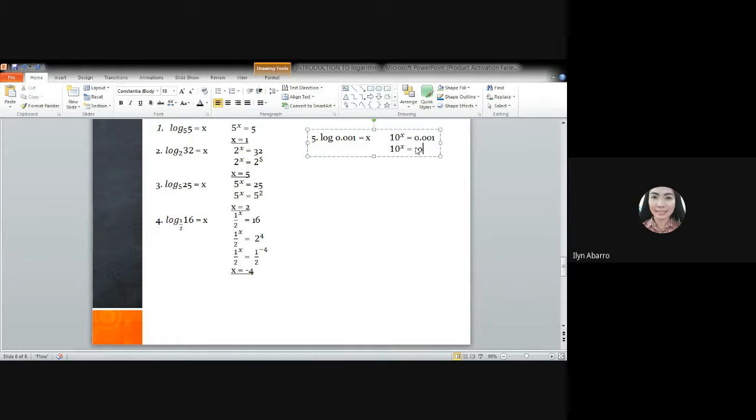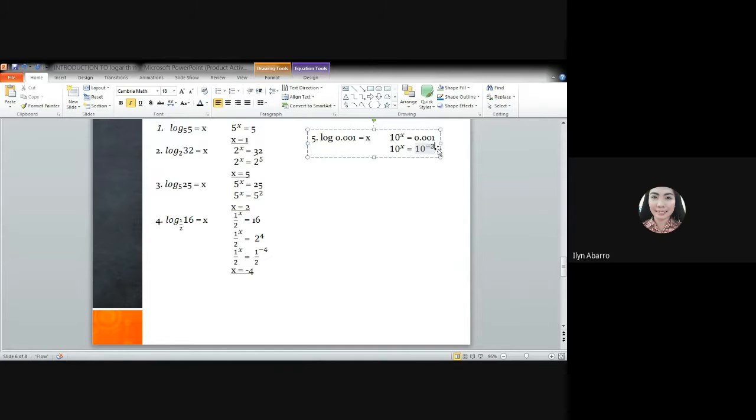Magiging 10 raised to, ang 0.001 ay 10 raised to ilang places yan? 1, 2, 3. So, that is negative 3.